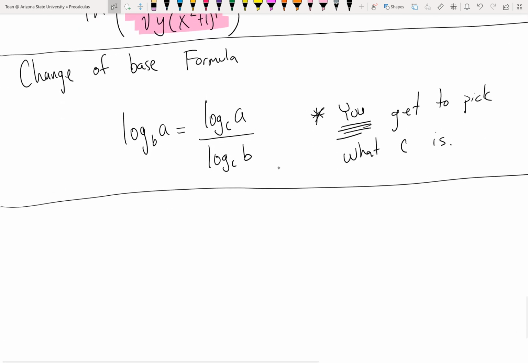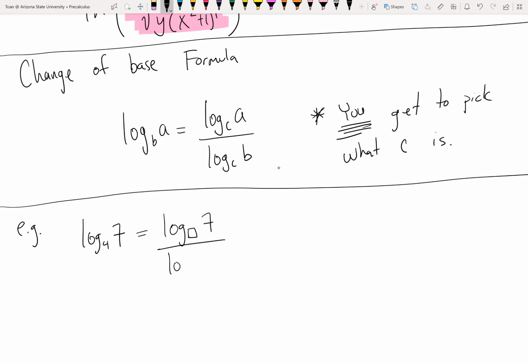What this says is, if I had something like, for example, log base 4 of 7. All right, there's no way we can do this mentally without log charts, because 7 is not a nice power of 4. What this change of base formula says here, that is equal to log base whatever of 7 divided by log base whatever of 4.